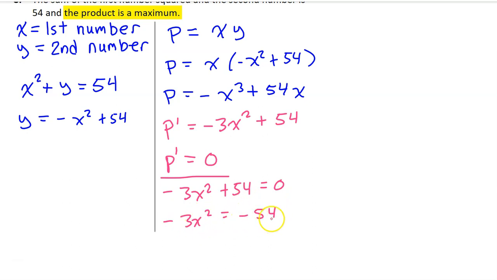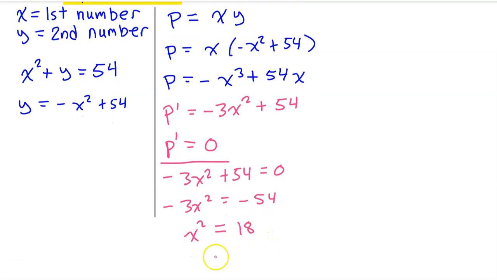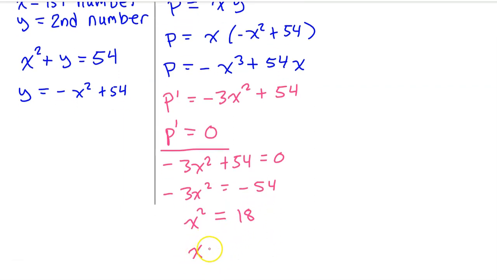If we divide both sides by negative 3, we get x squared is equal to 18. Taking the square root of both sides, we get x is equal to, and normally I would say plus or minus radical 18, but x has to be a positive number. So I'm just going to say positive radical 18. So this is our only critical value.